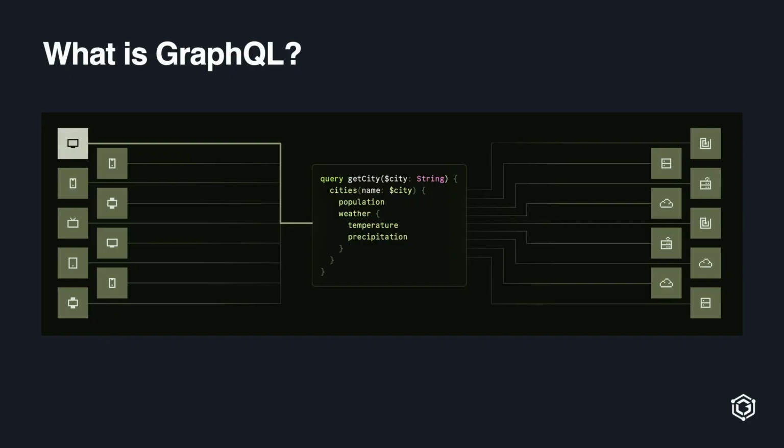So you can access any sort of service with this type-safe interface that your clients can connect to, which is very powerful. As you're scaling, you have multiple teams working, everyone's adding their own thing. You want to be able to have some sort of unified way to get the data, and that is exactly what GraphQL helps you with.